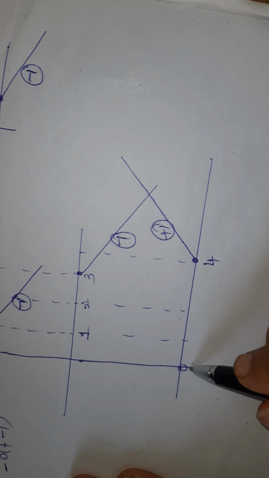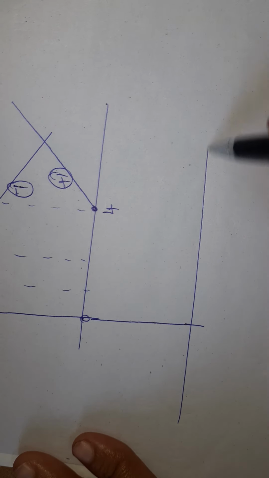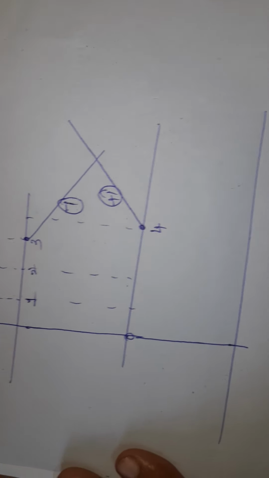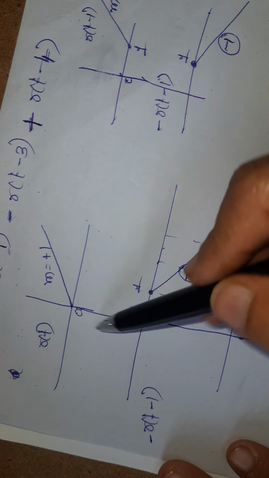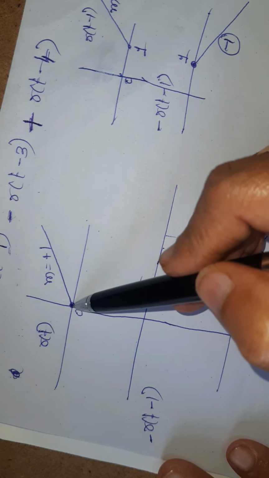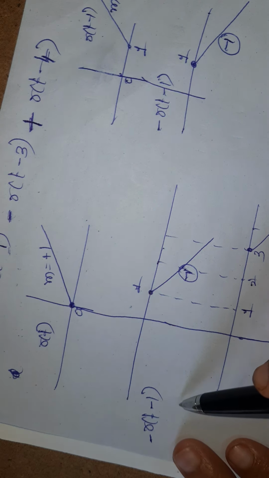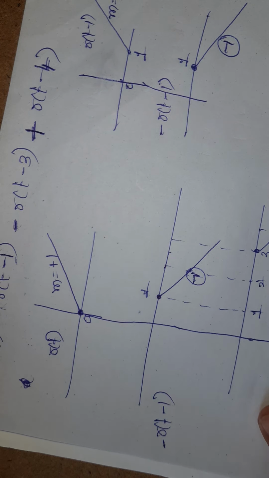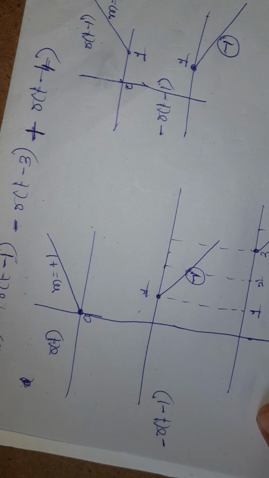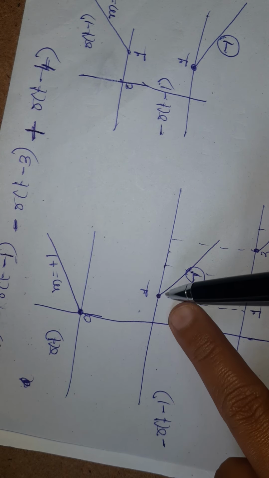Okay, now I have to add all these signals. So how to add? Here I am having this signal, which starts from 0, plus R of t, and minus R of t minus 1 which starts from 1.